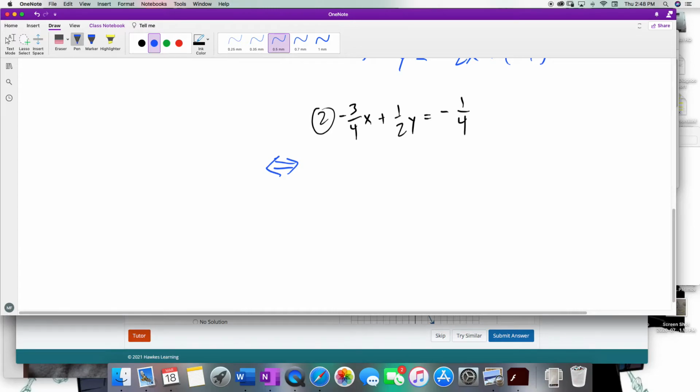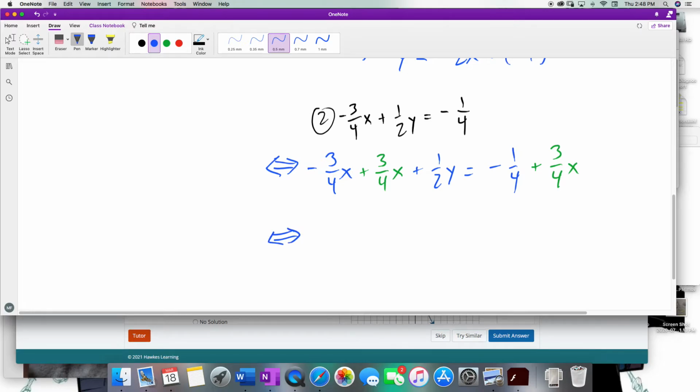So this time I'm going to add 3/4 x to both sides of our equation. Okay, and now we simplify.